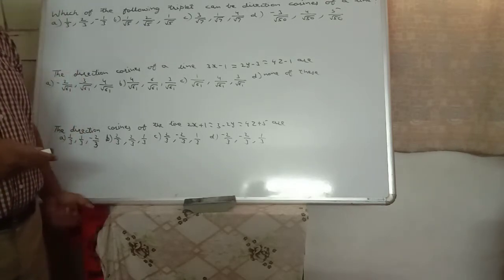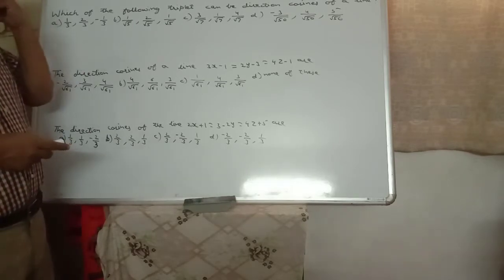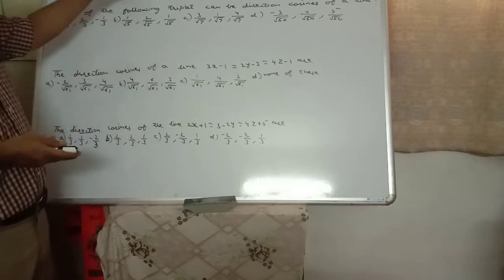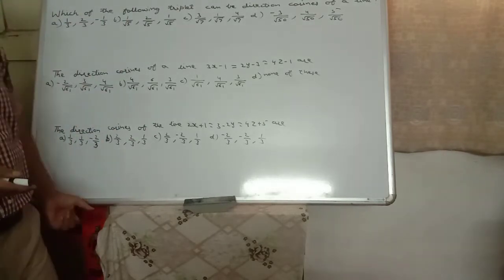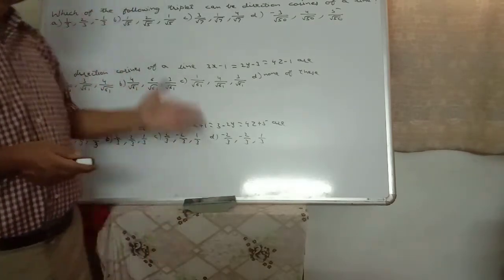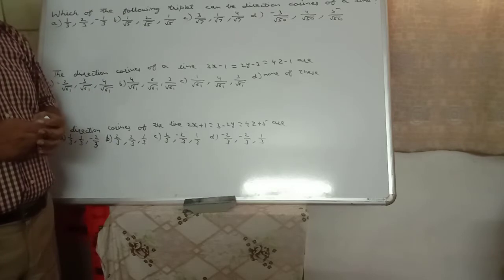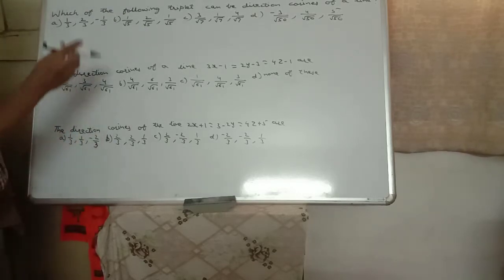To find the angle between two lines, we should know the direction ratios of the two lines. Here the numbers in the denominator are the direction ratios of the two lines. Here we need not find the angle between the two lines because the direction ratios of the two lines are the same.